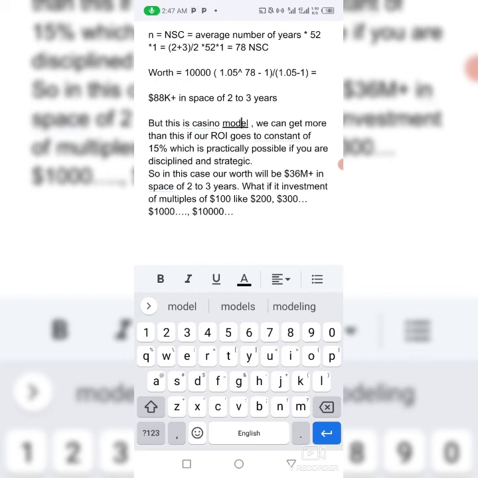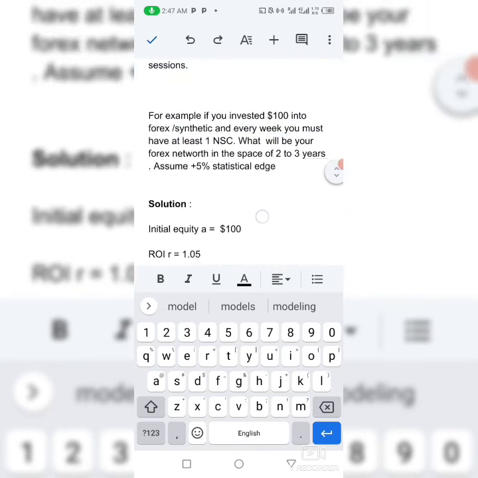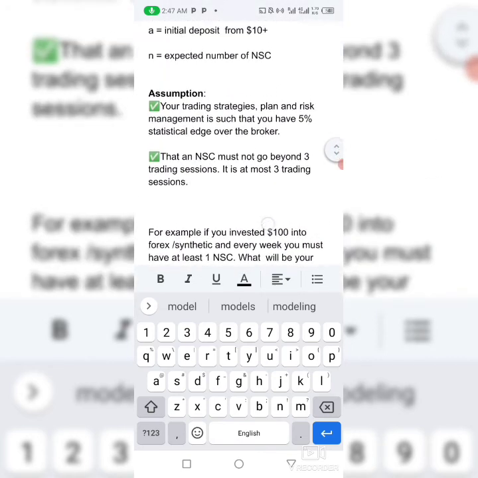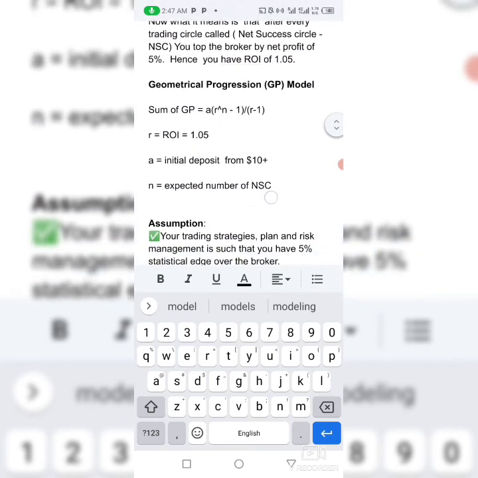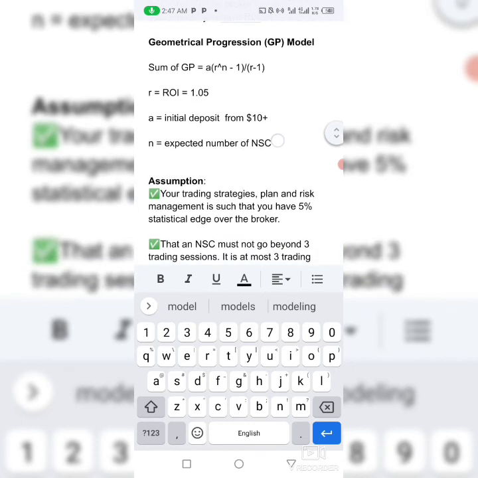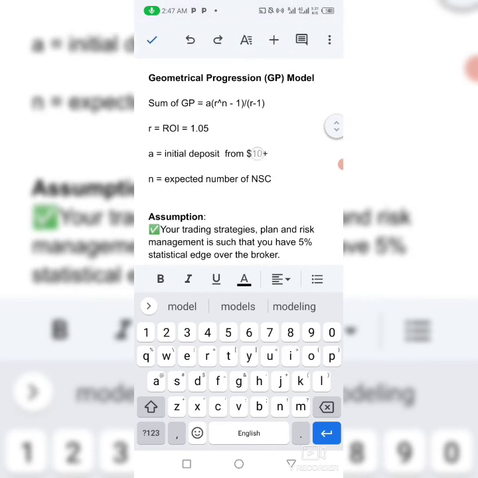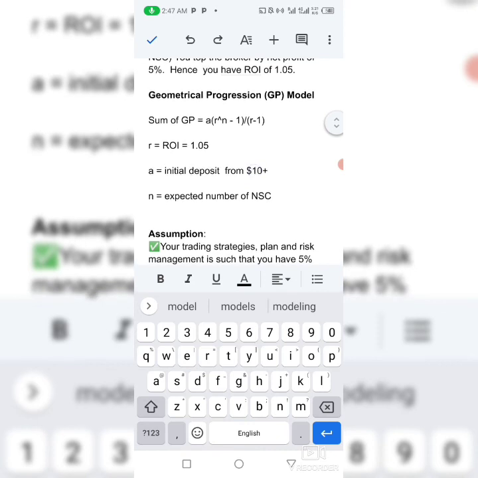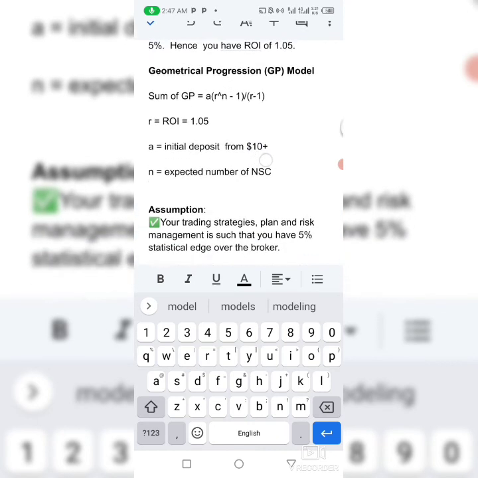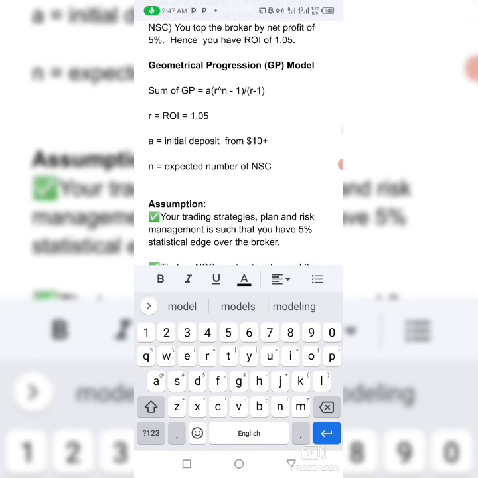So there are many ways to play around with that formula. Whatever you vary, if you vary the R, your equity will increase fast. If you vary the A, your equity will increase fast. If you vary the N, your equity will increase fast.